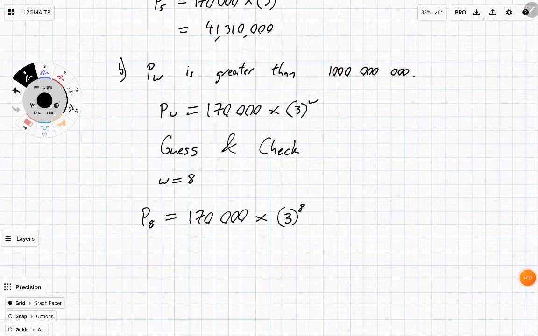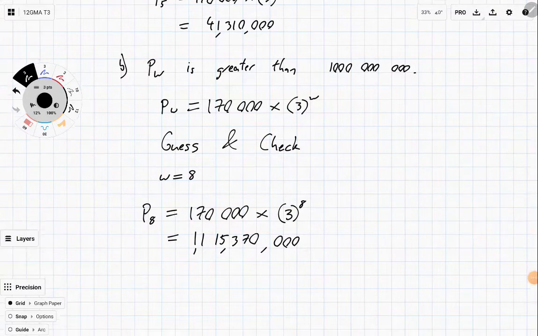Alrighty, and we certainly get over 1 billion. 1,115,370,000. So that's actually just over 1 billion. Now, maybe I'm just very good at guessing and checking. But this doesn't prove it, because just because it's bigger doesn't mean that it's the first one that's bigger.